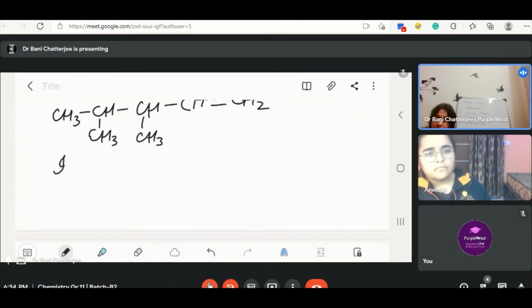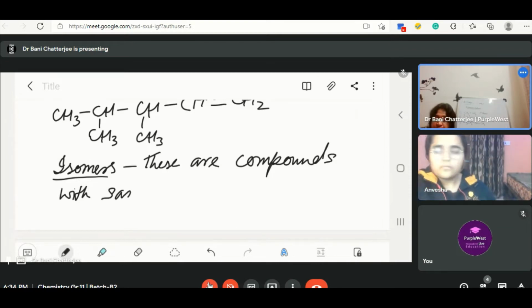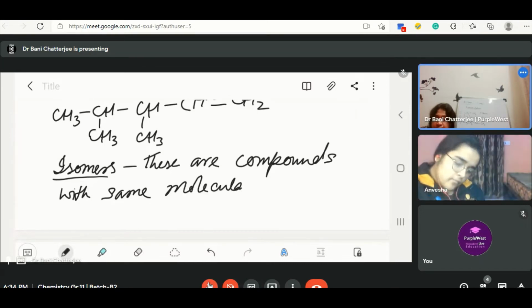Okay, so just see isomers. So isomers are basically what? These are the compounds with the same molecular formula, but different structure.